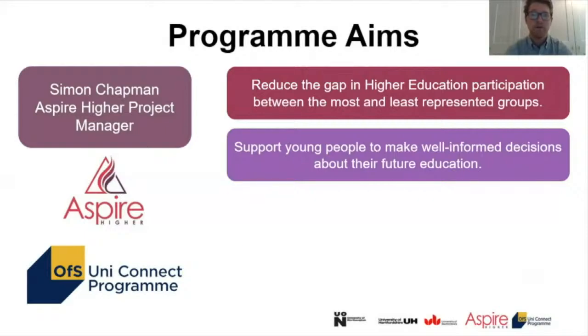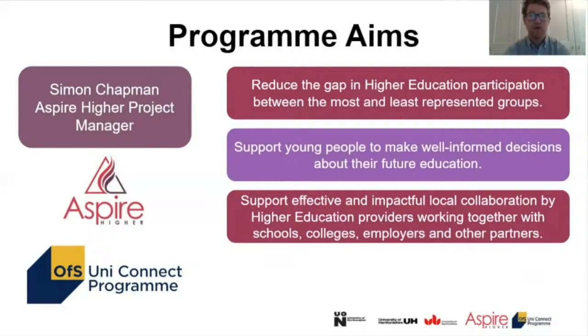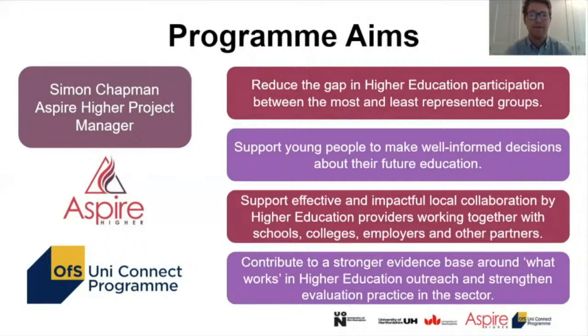We also support effective and impactful local collaboration by higher education providers working together with schools and colleges, employers and other partners. And we also seek to contribute to a stronger evidence base around what works in higher education outreach and strengthen evaluation practice in the sector.